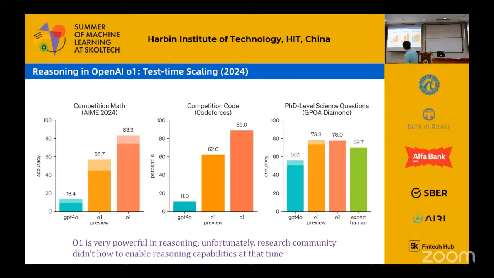But I mean this. Like if we take, for example, O1 preview only, we can see that for some tasks it has a specific gain from the reasoning, as far as I understand. The light gray part of the graph. Sorry, I still didn't get it.